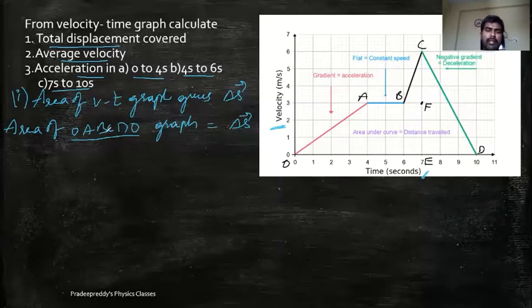In order to calculate area, I will divide this total figure into different parts. So how I will divide it, I will show you. First from 0 to A, this one I am considering as region 1, and this is a triangle.